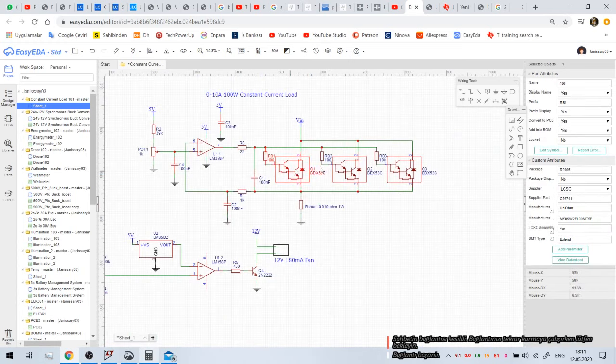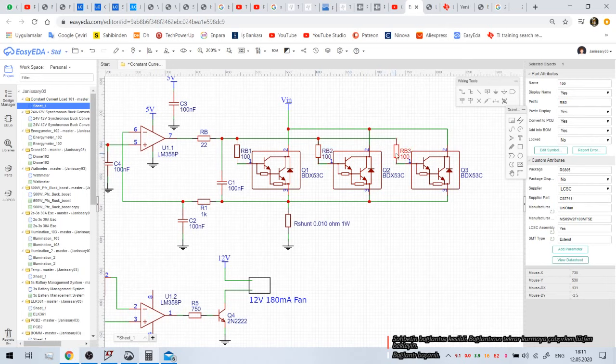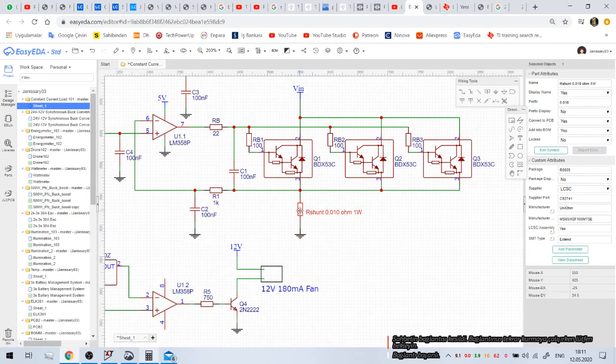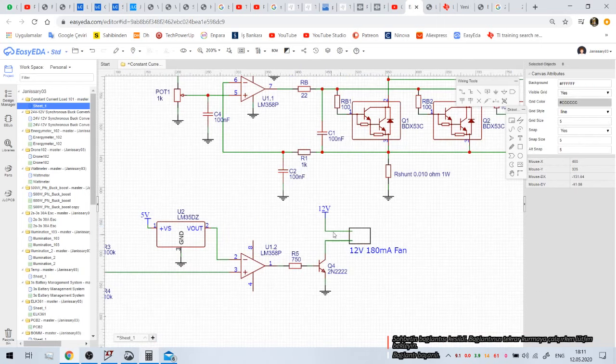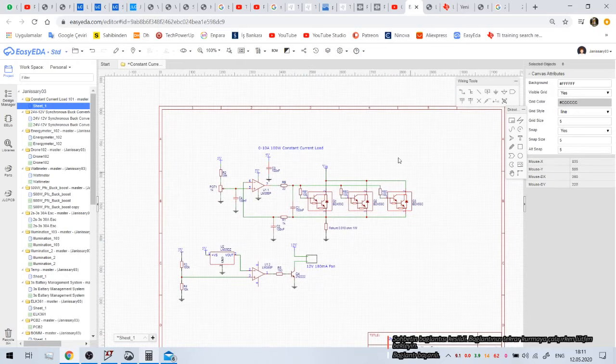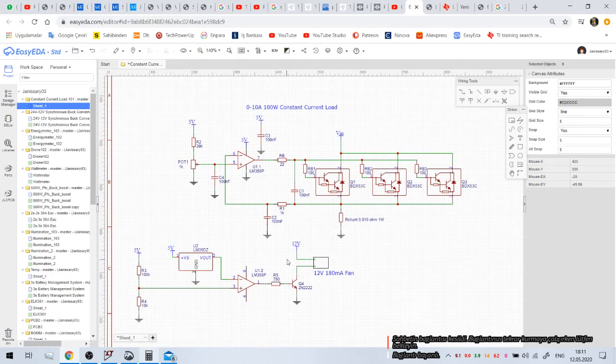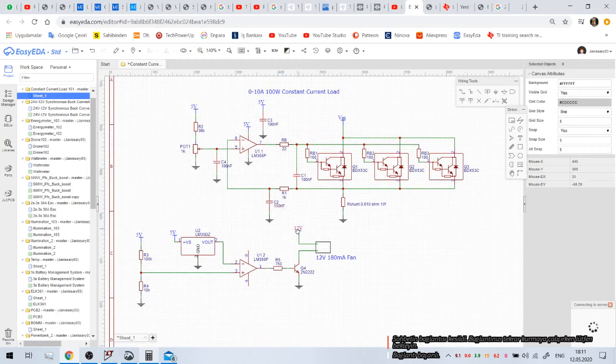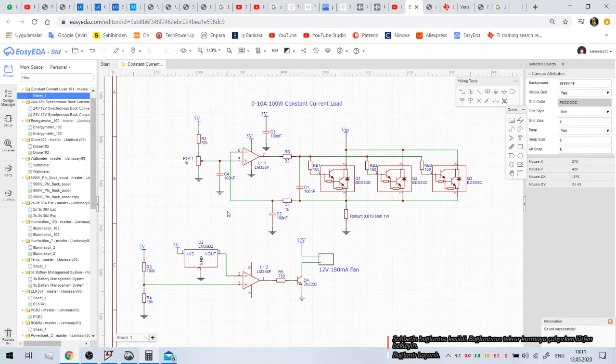This is all normal, not necessary to change. Okay. R shunt, yes, we need to change it also, but not important. It can stay. We don't build any PCB from here. We can, but I don't want to.